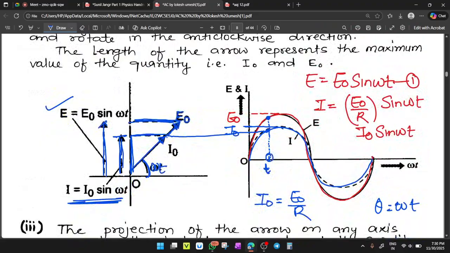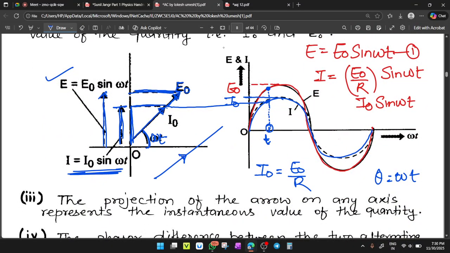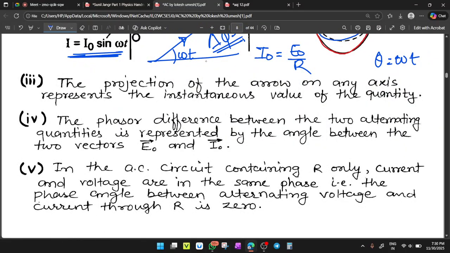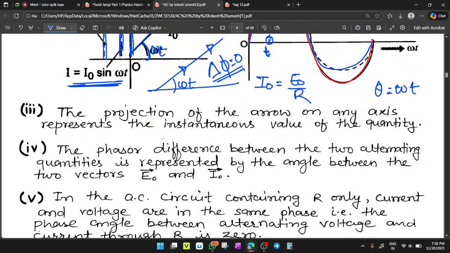See here, the phasors of voltage and current have the same angle from the starting position. Omega t means the phase difference between the voltage and current equals 0. So the phase difference between voltage and current will be 0.